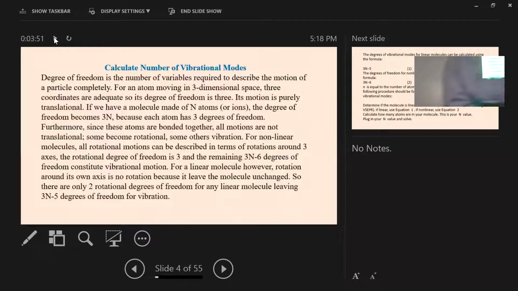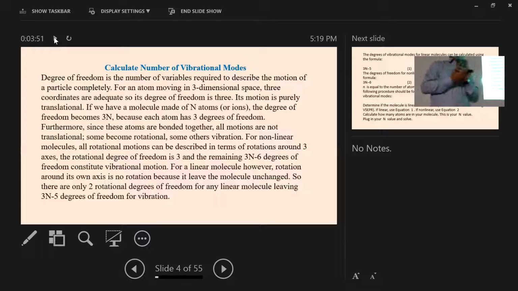If you have a non-linear molecule like this type, you will have a certain formula. Here we have 3 atoms. You don't need to know the structure perfectly; if you know this is linear or non-linear, that is okay.